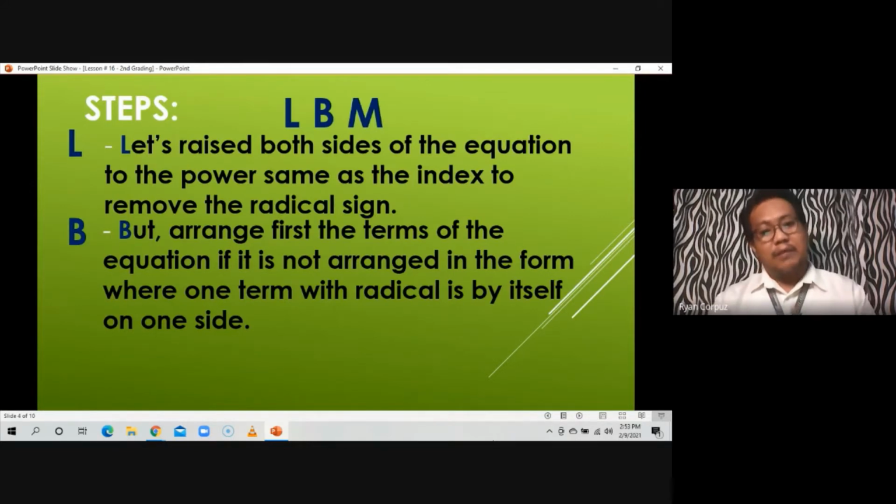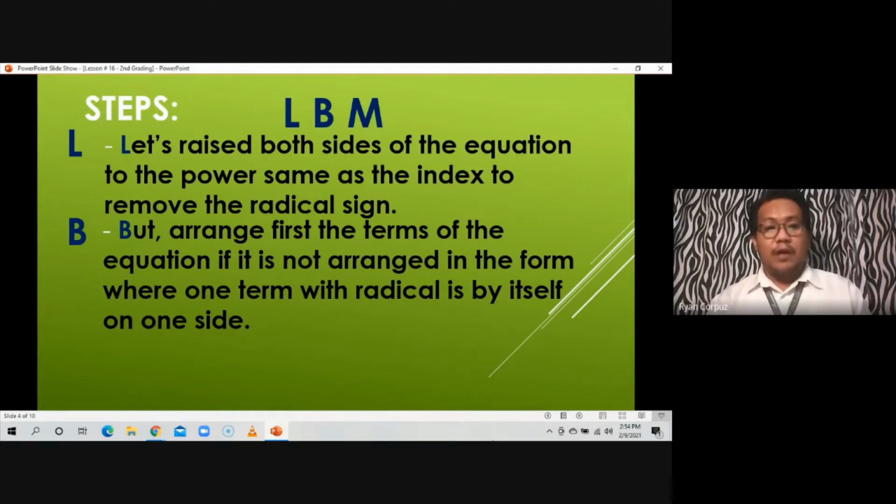Ihiwalay natin siya on one side of the equation. Then, kapag may involve pang other radical sign na may involve na variable, let's move it to the other side. So that's what we are going to do.